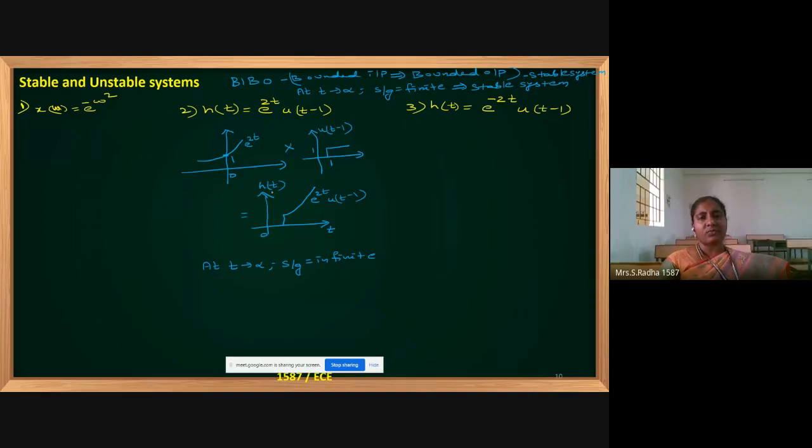This diagram is for h of t, and at t approaches infinite means at infinity time, on the positive side, the signal is going on increasing, which means the height of the signal is infinity. So at t approaches infinite, signal amplitude is infinity. So it is an unstable system. Okay, I will go with the next question.